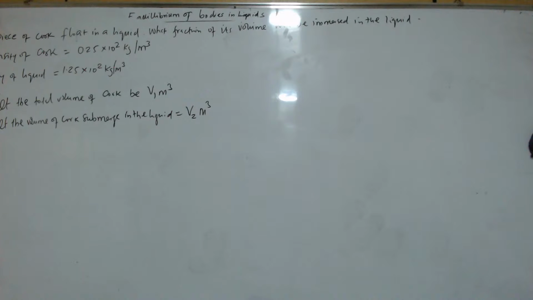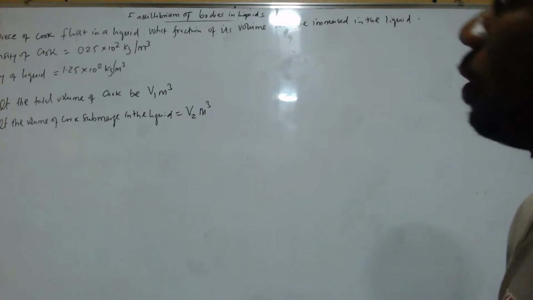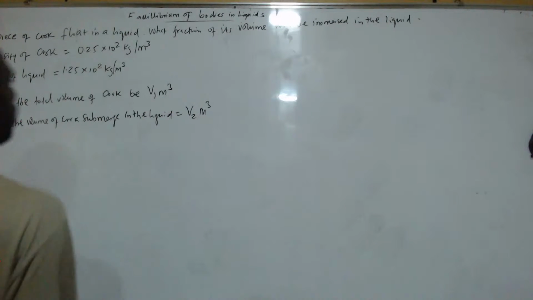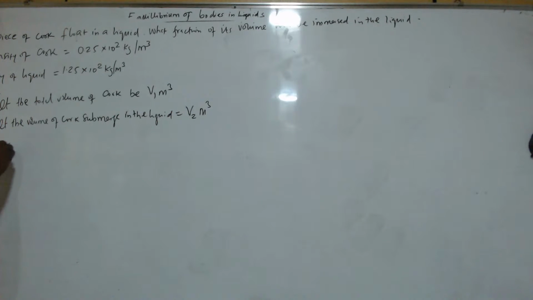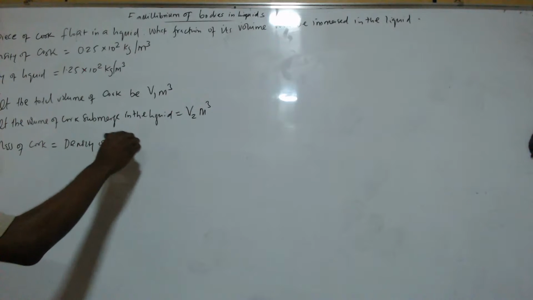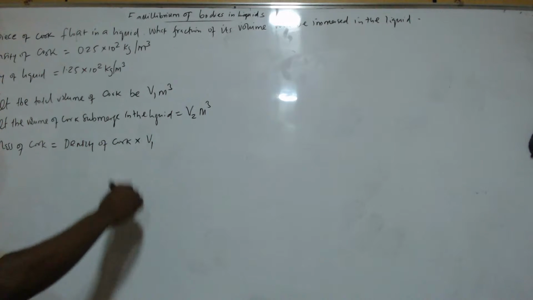Mass of cork will be density times volume. When the cork floats, its weight equals the weight of the liquid displaced. So mass of cork is density multiplied by volume, which is V1.